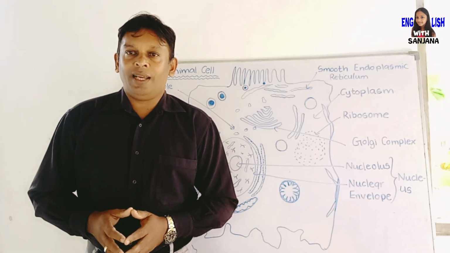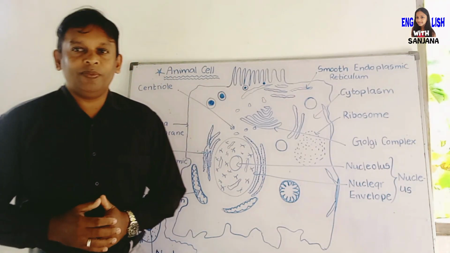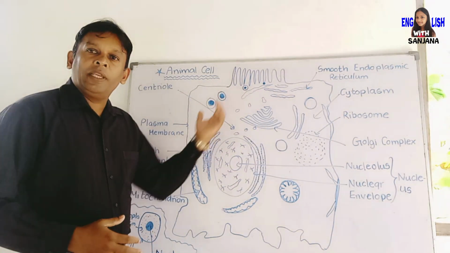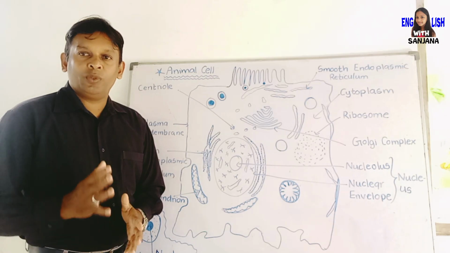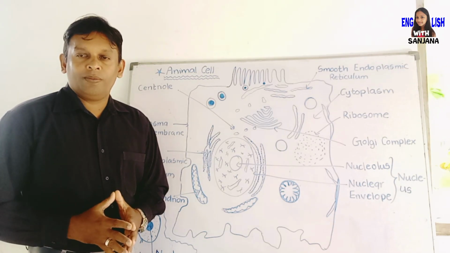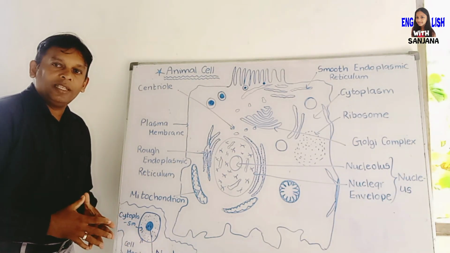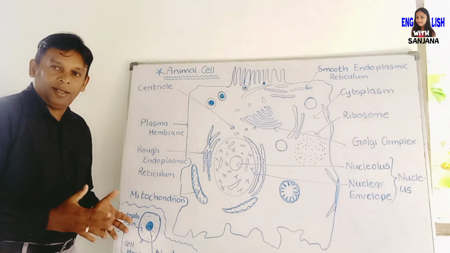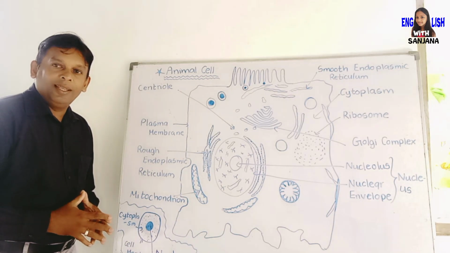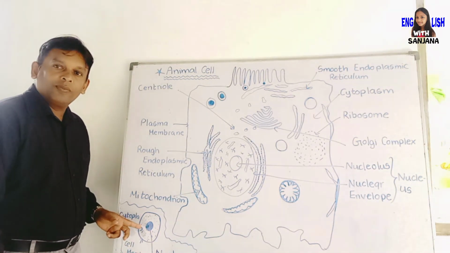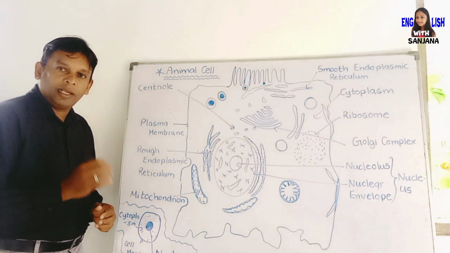Right, as you can see here on the whiteboard, there are two diagrams of the same cell. The bigger one is observed through the electron microscope. Here in the corner, the smaller one is observed through the light microscope. As you can see here at the center, the nucleus is available and you can clearly see that.